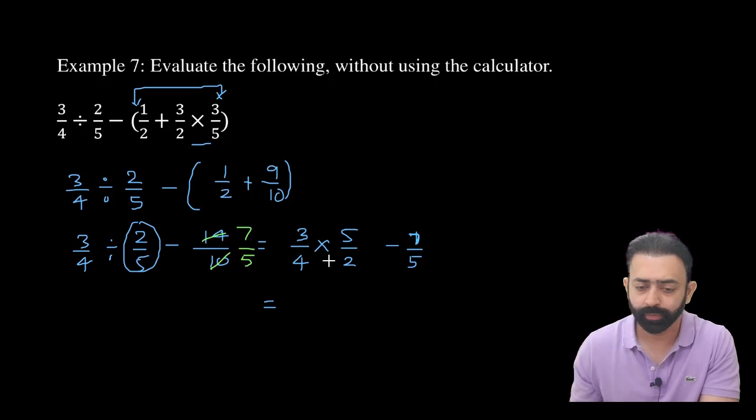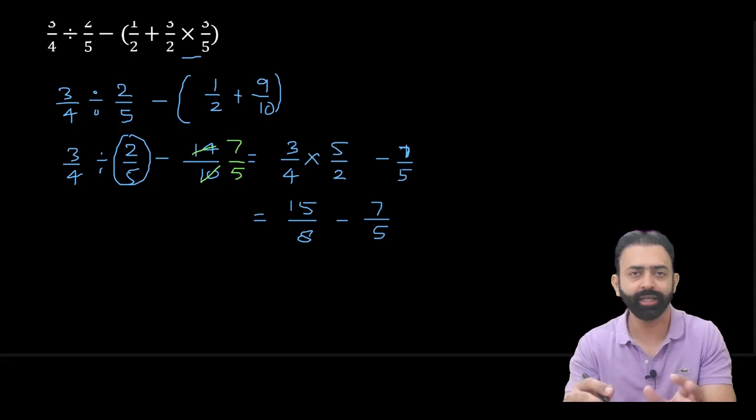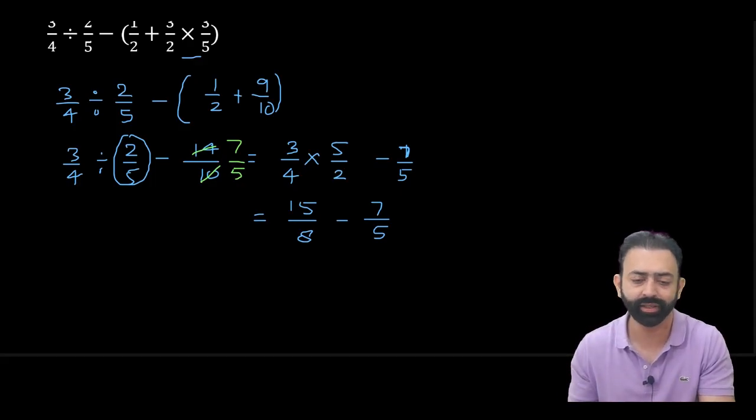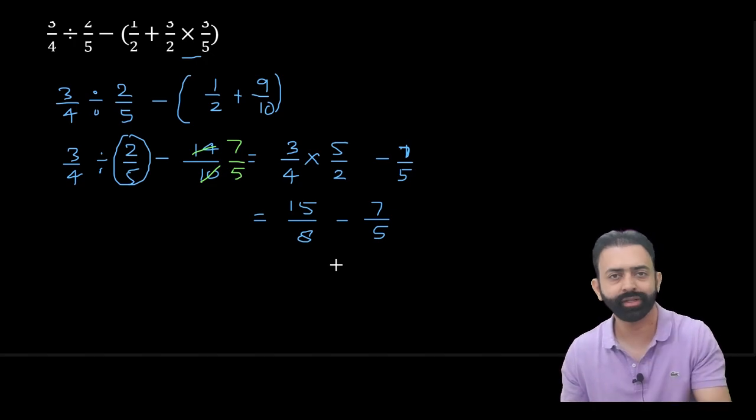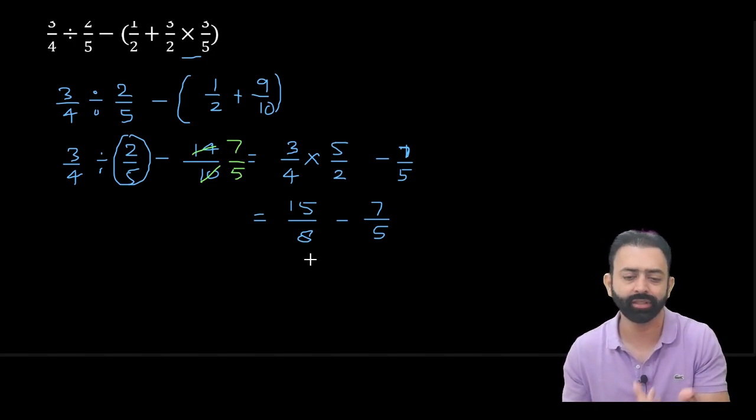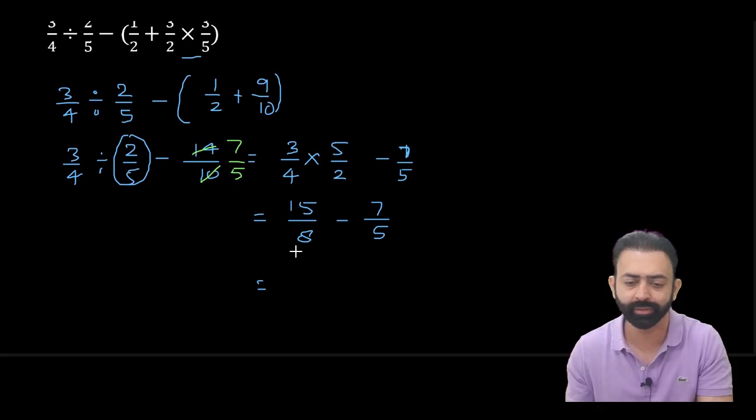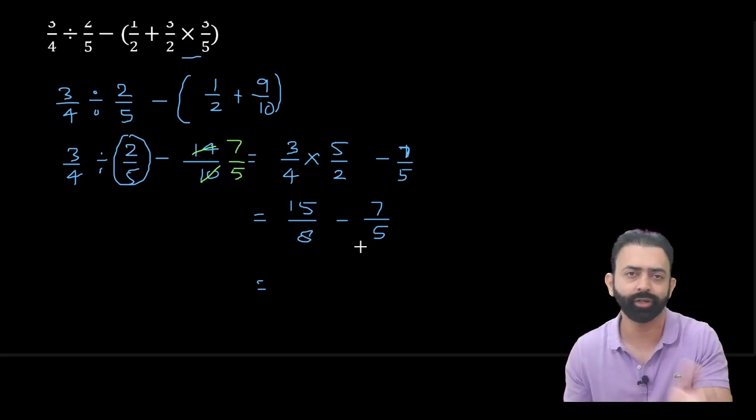So this simplifies to 15 by 8 minus 7 over 5. Now how do we deal with unlike fractions, meaning how to add and subtract unlike fractions? We need to make both fractions like fractions by finding the LCM. The LCM of 8 and 5 is 40.